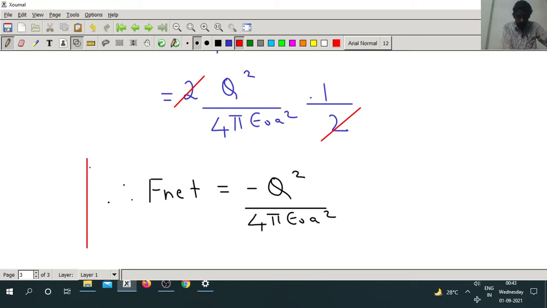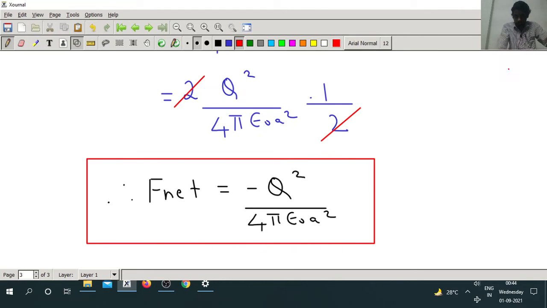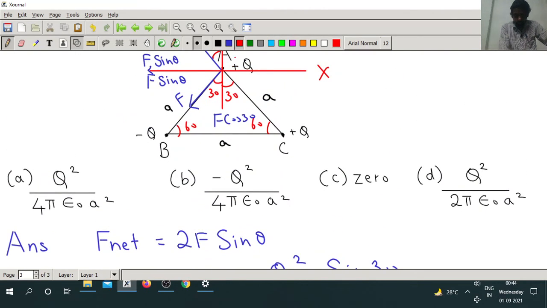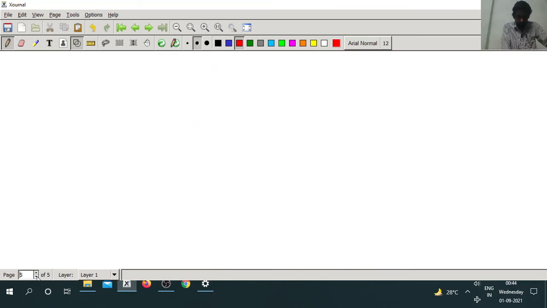Therefore net force is equal to minus Q square upon 4 pi epsilon naught A square. That is answer number B. Now let us move to the next question.